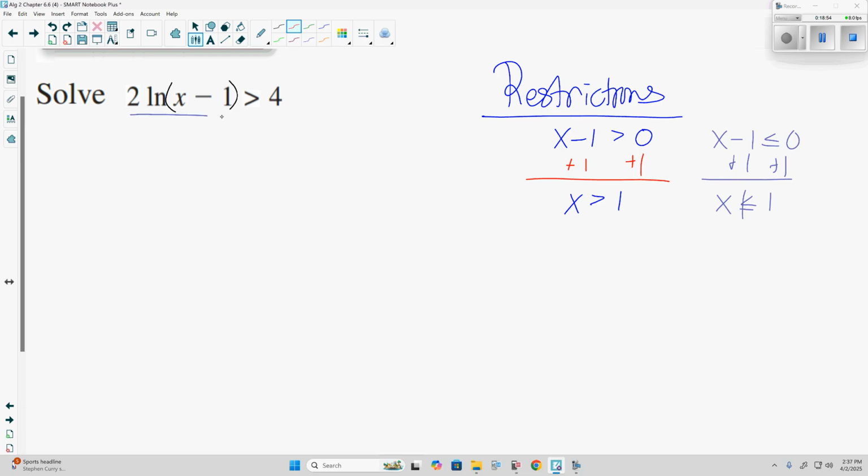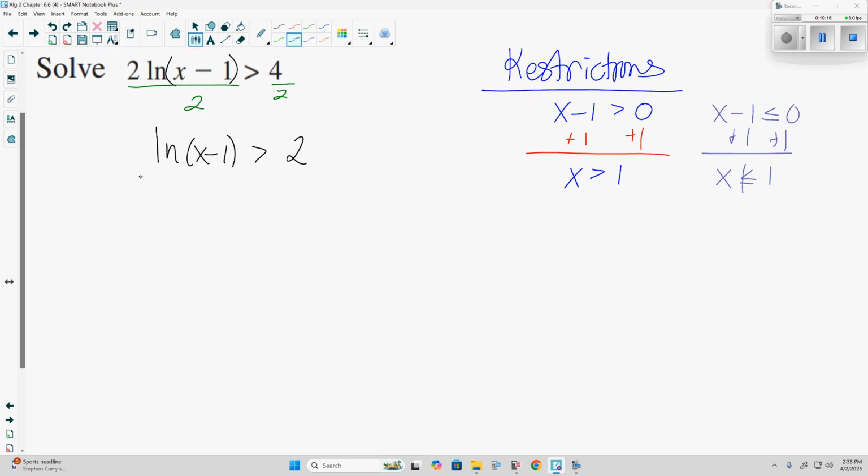Over here, we need to get the log by itself. So we can start off by dividing both sides by 2, telling us that the natural log of x minus 1 is greater than 2. At this point here, we need to put both sides to the base of e.